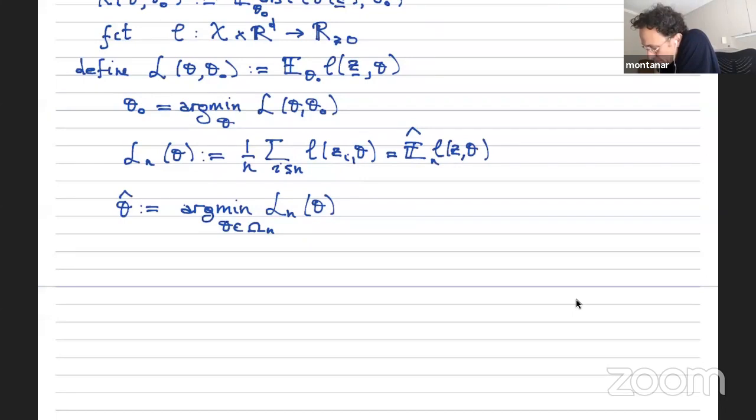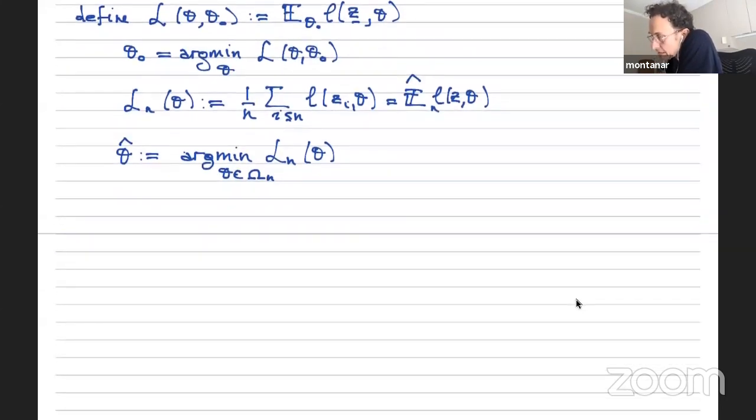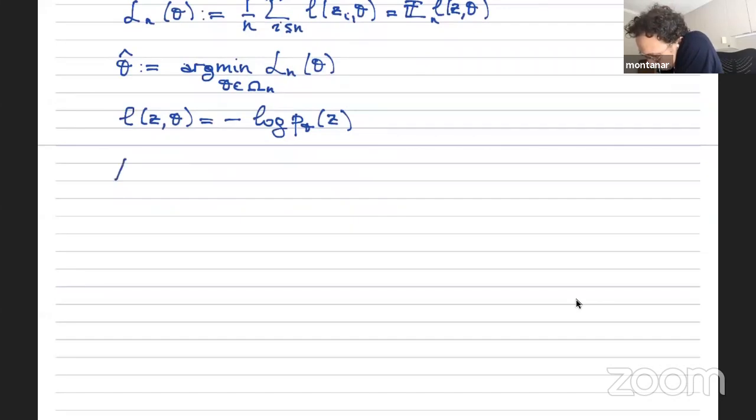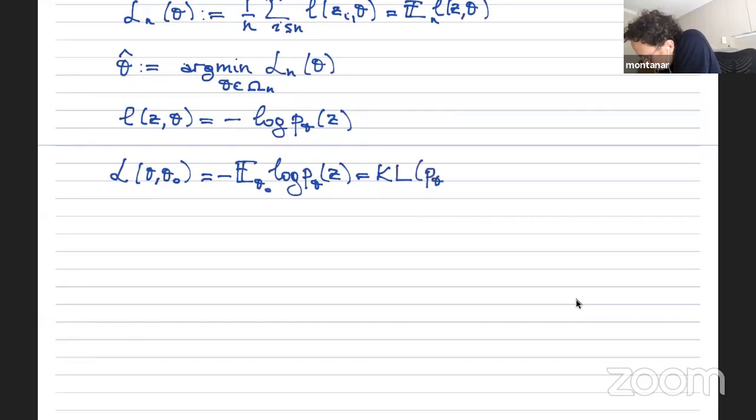It's just a 5-minute summary, so obviously I left out some ingredients, but let me give you one standard example of this loss function L. If your probability has a density, you can take minus log of the density, and the rationale for this is that then if you compute L of theta_0, the population risk, this is minus the expectation over theta_0 of log p_theta of Z, and this you must realize is the same as the KL divergence between p_theta and p_theta_0, I think it's like this, plus a constant.